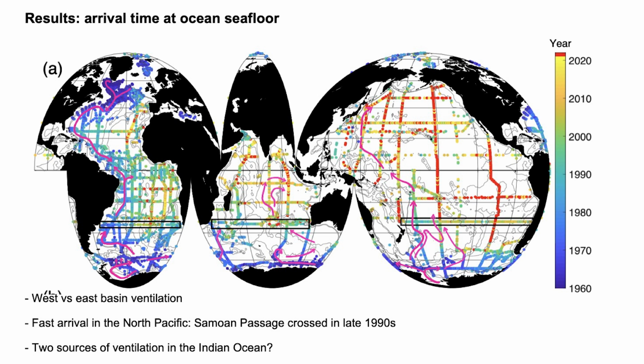Let me tell you the positive parts of the study first. You can look at things like arrival time of the CFCs at the seafloor, get a sense of how aging occurs and draw pathways from that. You can get more detail about exactly how Antarctic Bottom Water, say from the Ross Sea or the Weddell Sea, takes different pathways in the world ocean.